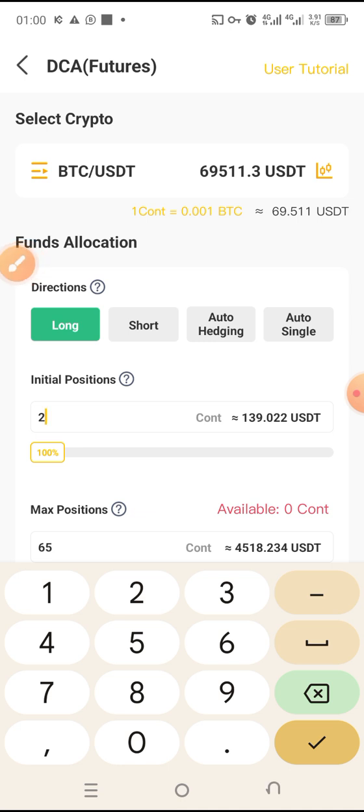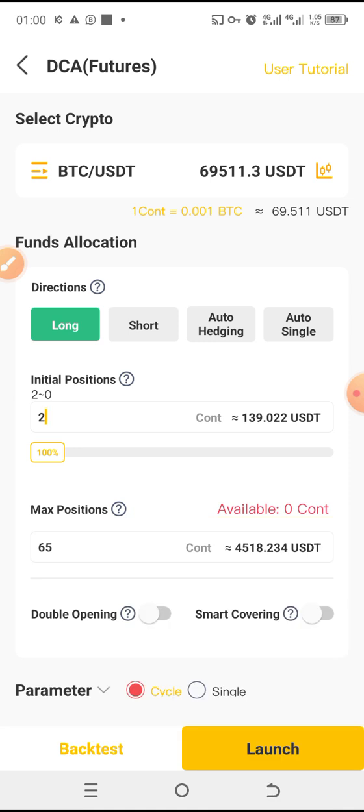Then the initial is the amount you're trading at the beginning. And I think it's telling us we can only trade two here, 220 or something. I don't know. So at least we can trade two here. It's telling us we can trade two only. But it's not a problem.